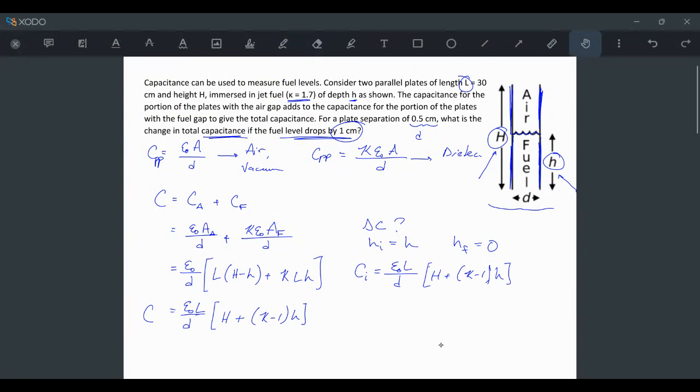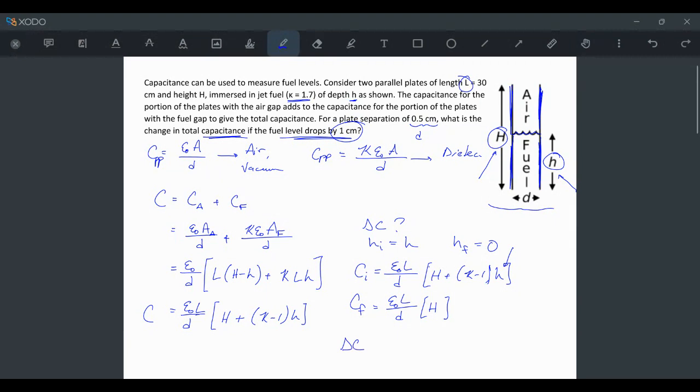But that's the initial capacitance in the initial state when the fuel level is higher. When the fuel level has fallen, our final capacitance will be, we have the same prefactor out here. We still have capital H, but now we've said that the final H, this guy right here, is going to be 0. So that term goes away.